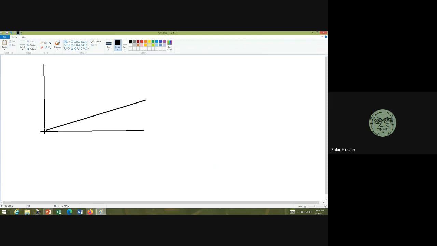So we can draw different lines. These are different rays. Okay. So along any of these rays, the labor capital ratio is constant.